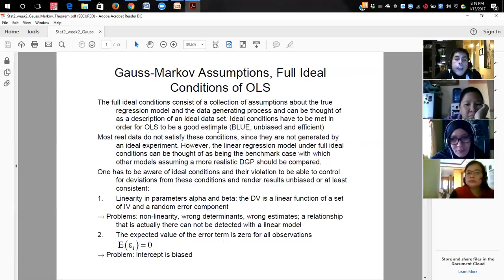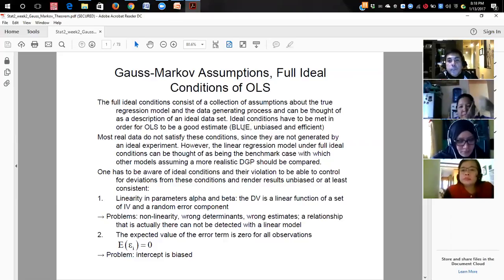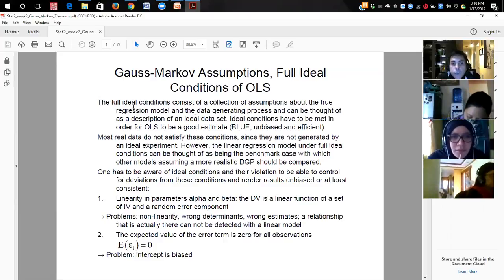It talks about the full ideal condition, or what we call BLUE, the best linear unbiased estimator. That's why it's called BLUE; it's an abbreviation. So in the full ideal condition, the OLS is the best linear unbiased estimator.